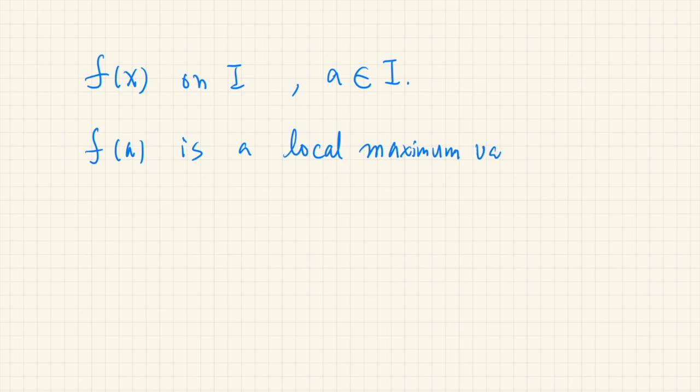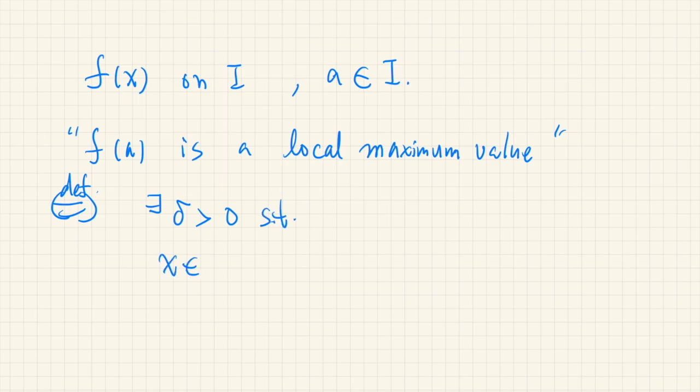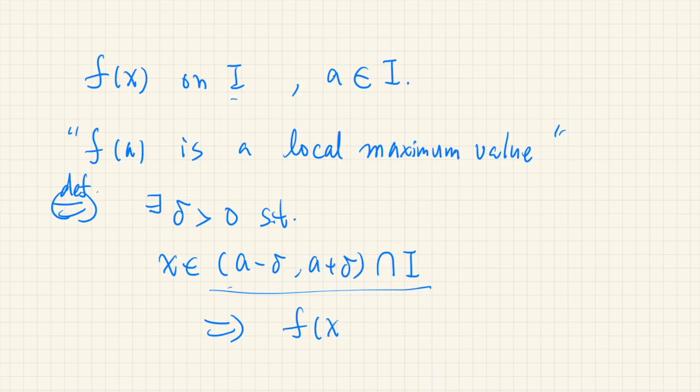What this means is this: there exists some positive real number delta such that if x is included in the open interval between a minus delta and a plus delta, actually we take the intersection of this interval with the domain of this function I, and x is not equal to a, then f of x is strictly less than f of a.